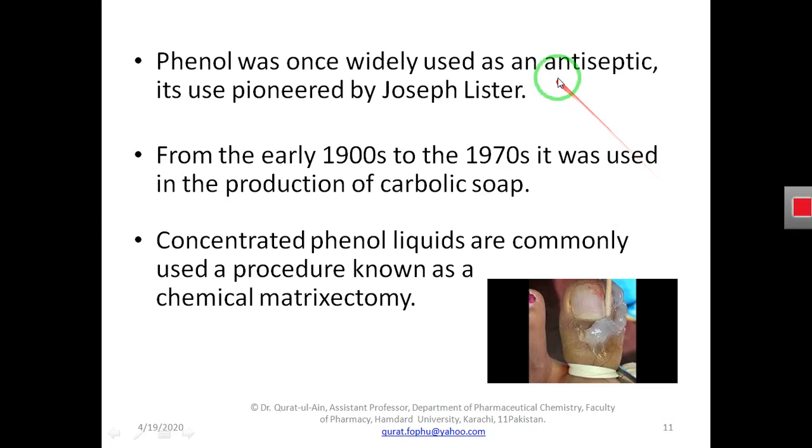Phenol can be used as an antiseptic, or in carbolic soaps, and most importantly, concentrated solutions of phenols are used for a procedure termed chemical matrixectomy. This is a procedure for removal of a partial nail from the nail area that is causing pain and discomfort to the patient.